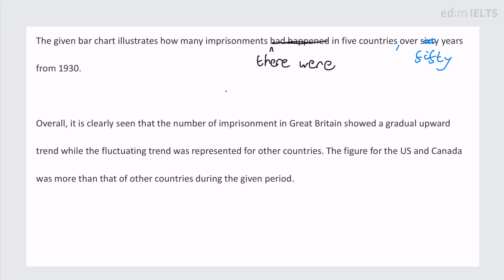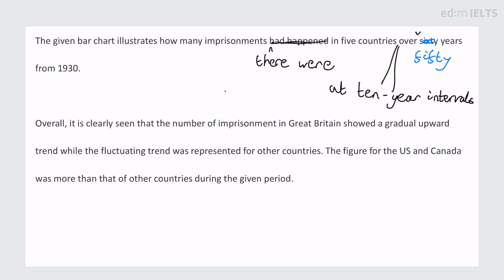So in 5 countries, at 10-year intervals, we're talking about 10-year time intervals, over the 50 years, starting in 1930.